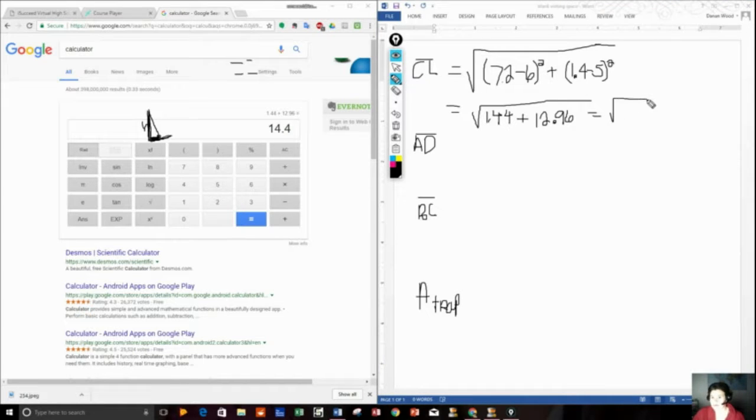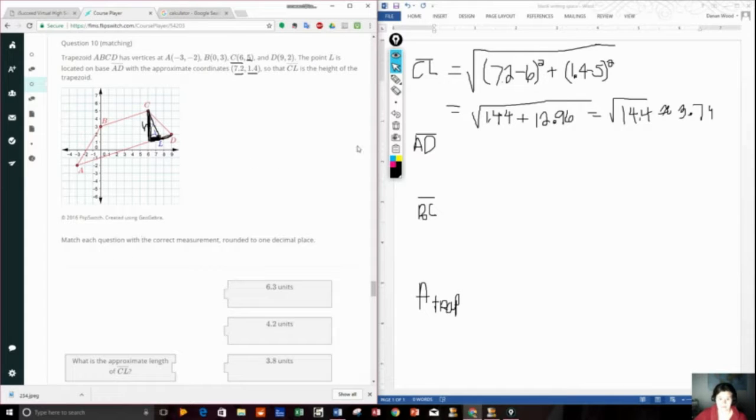And that's going to equal the square root of 14.4. So then we're going to do the square root of 14.4. That's 3.79, which is approximately 3.79. Okay, so now let's come back to our course player.